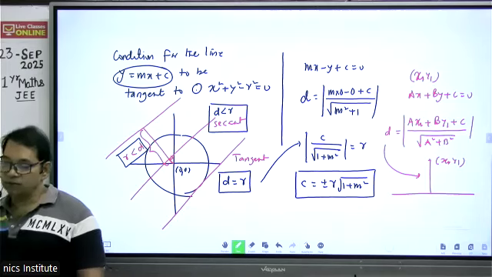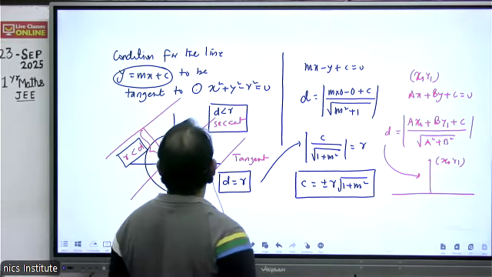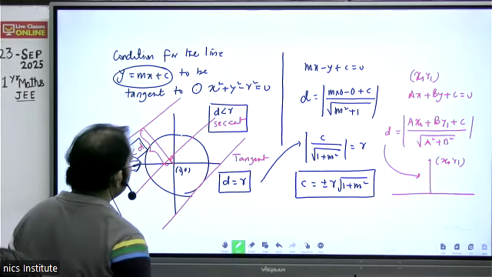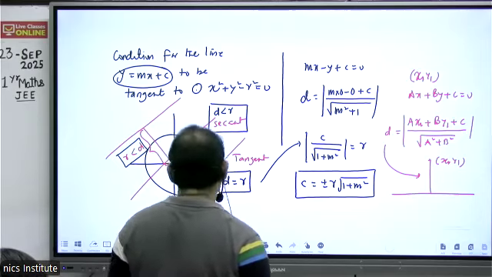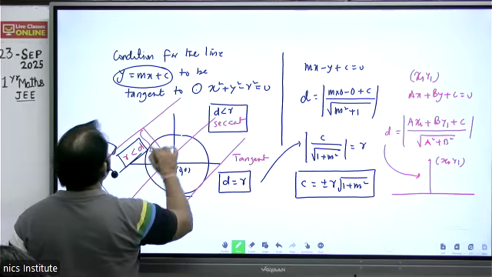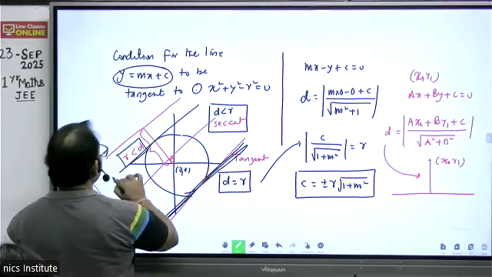Just remember the condition. Why plus minus sign? Because there will be two tangents with the same slope. One would be here, another would be here. With the same slope, there will be two tangents.